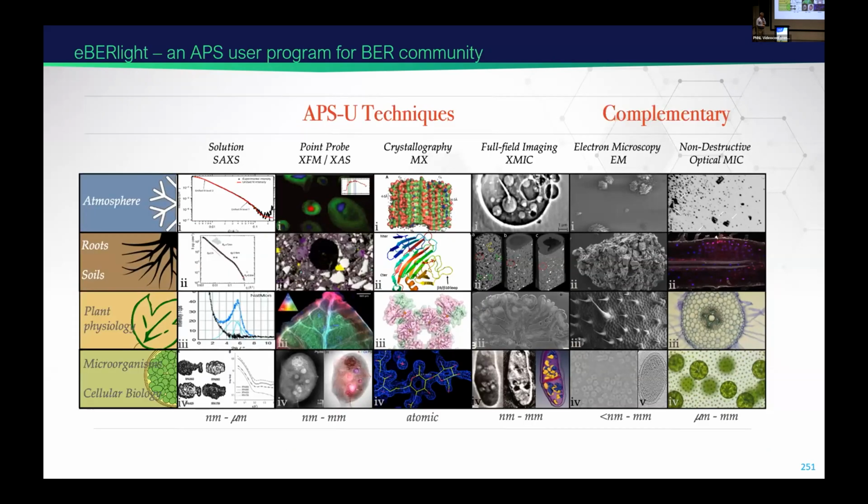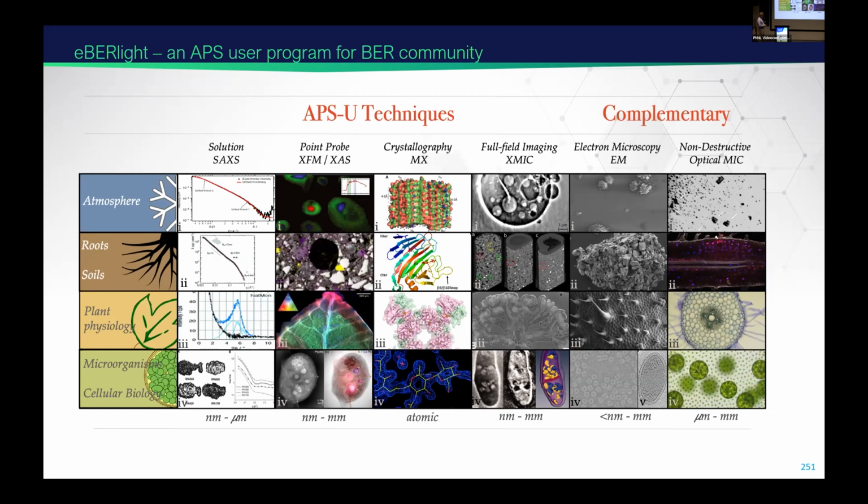So we also wanted to take advantage of this new entity, Eberlite, and we were able to do experiments as one of the pilots. So this is Eberlite, an APS user program that is helping BER community science, and also now part of the FICUS program.